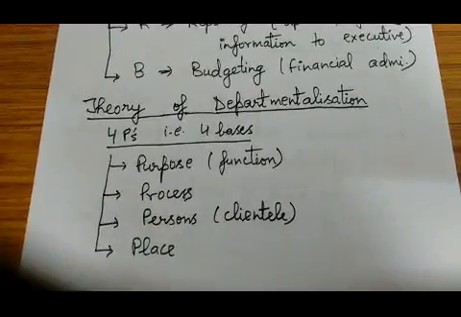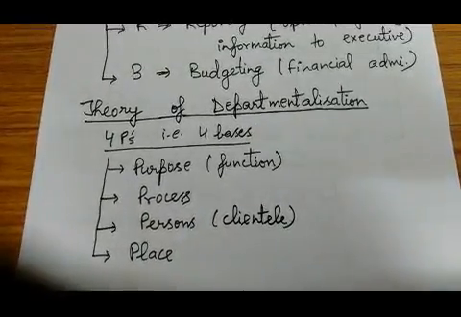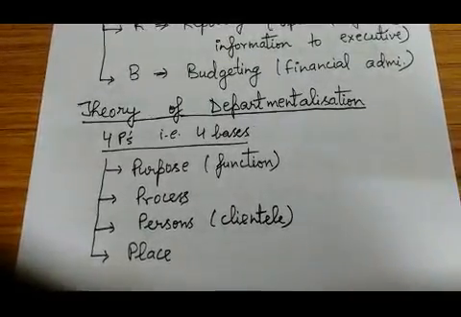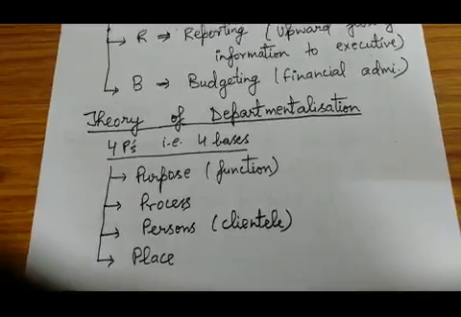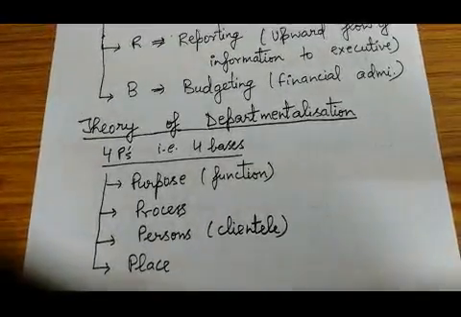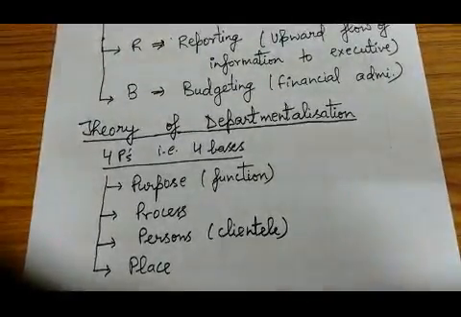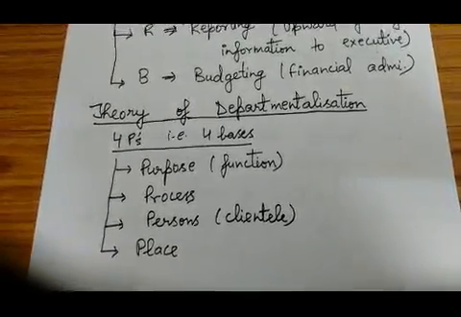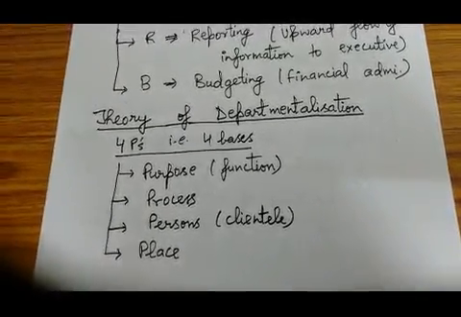First is purpose, like function, what work exactly the organization is going to do. On that basis you form the organizations. For example, the main function of UIDAI, the Unique Identification Authority, is to form the Aadhaar card. So they have been formed on a particular function.